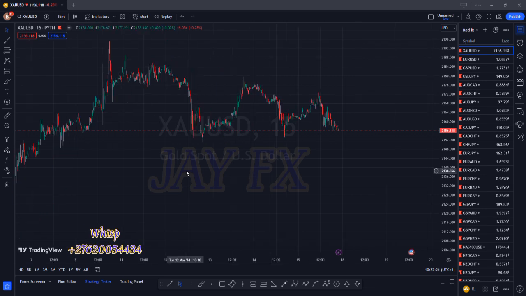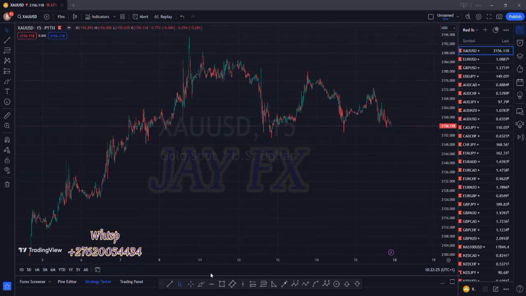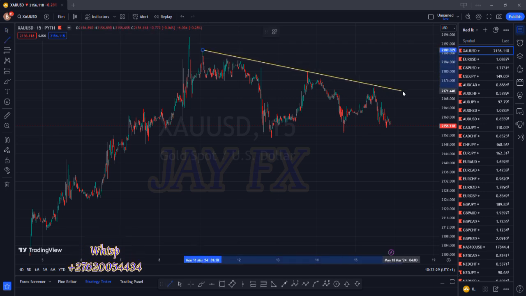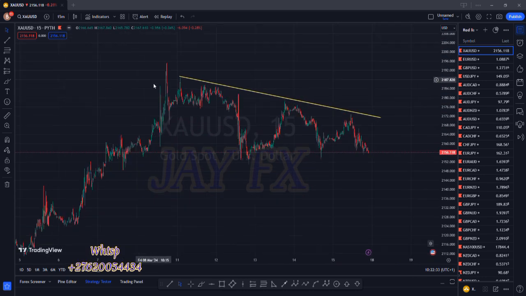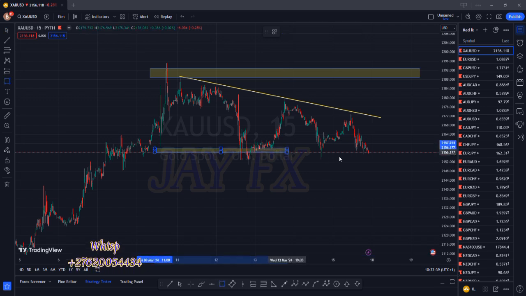It's the same thing that we see facing here. You can clearly see that we still have the same situation, the same trend, the same resistance, and the same support.